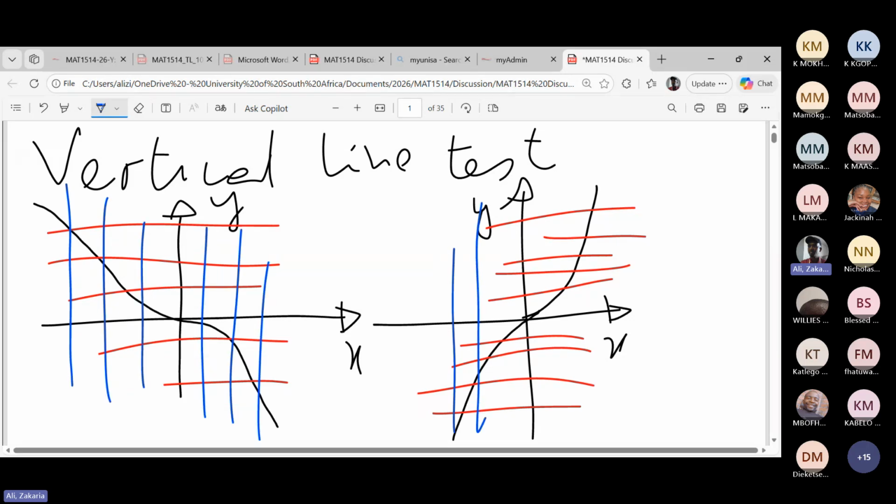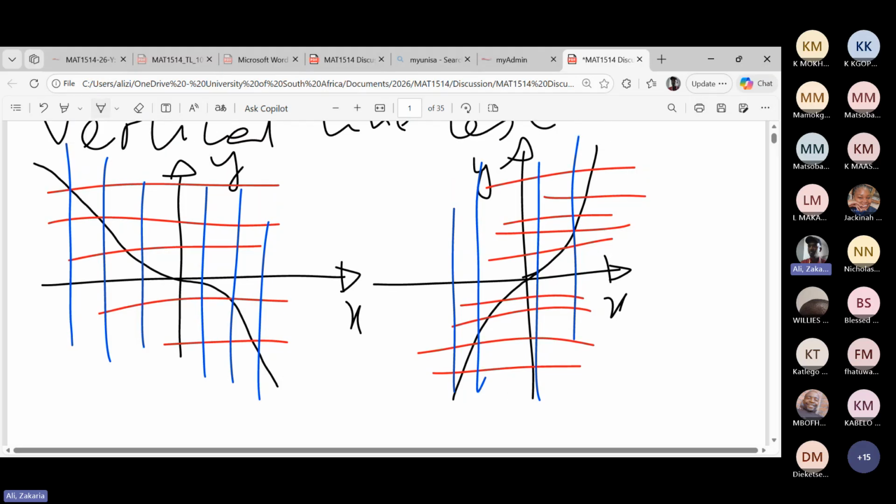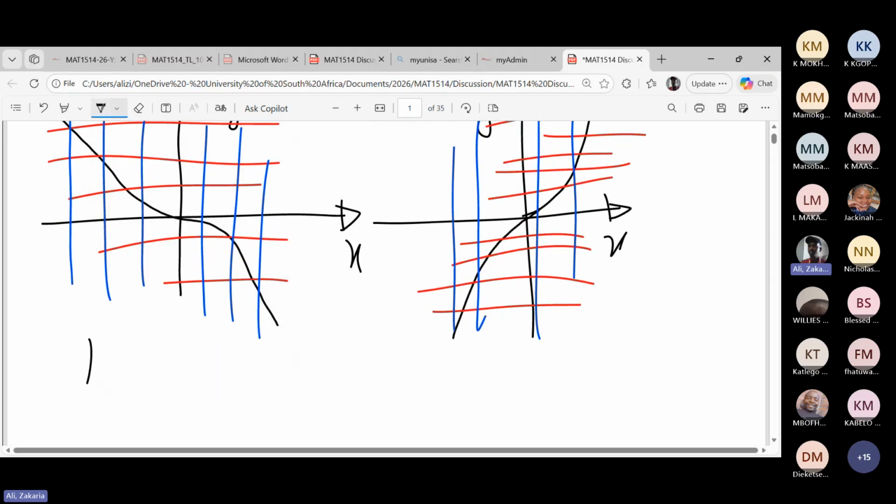So you see, I said that for the horizontal line test, the function is one-to-one. So basically, the first answer is one-to-one. I'm going to use just this notation to say one-to-one. The same here is one-to-one. Now the vertical line test, what does it do? It tests the graph of a function.